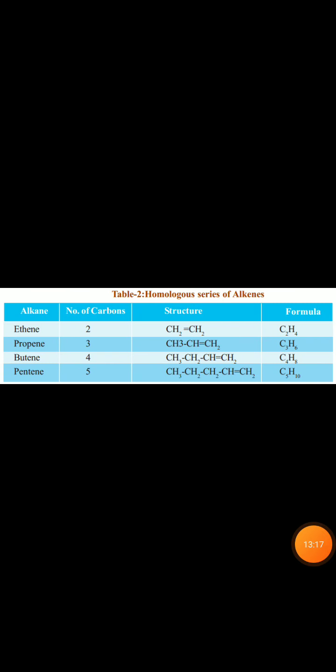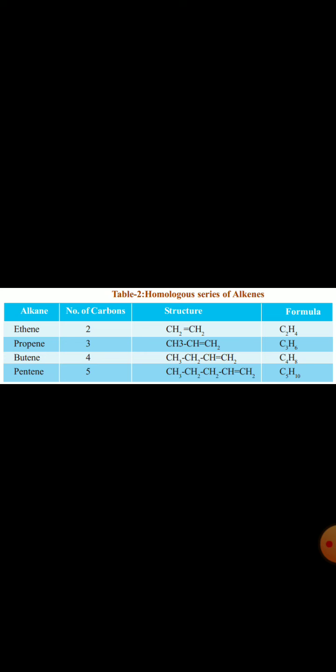In the same way, if we look at the homologous series for alkenes, here the compounds are ethene, propene, butene, pentene, hexene, and they have formulas as shown in the last column: C2H4, C3H6. So here, how do they differ? Again, they differ by a CH2 unit. Again, I am saying CH2 is not a general formula.